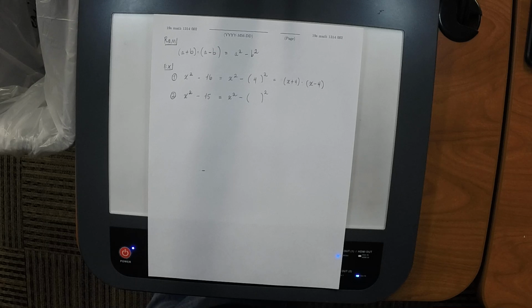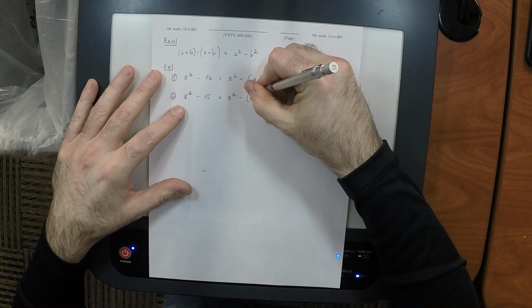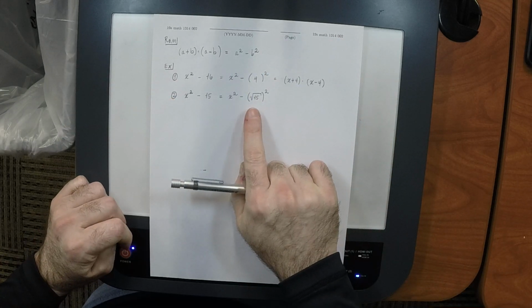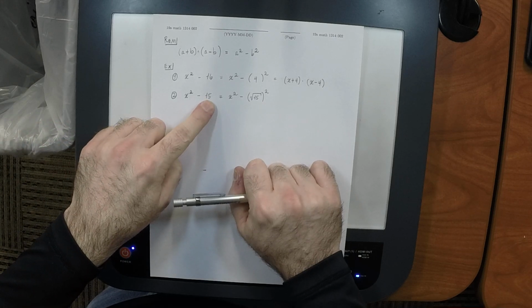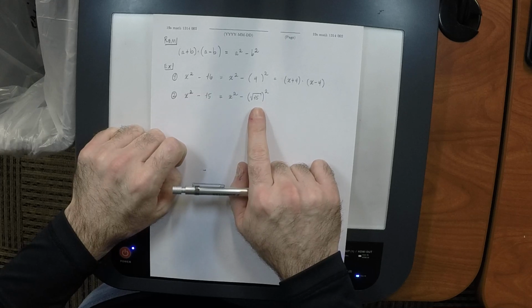What's the name of the number that when you square it, you get 10? Square root of 10, right? Now, is 15 expressed as a square? No. Here's how you can express 15 as a square.